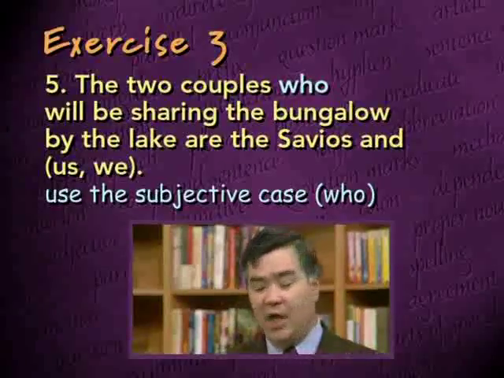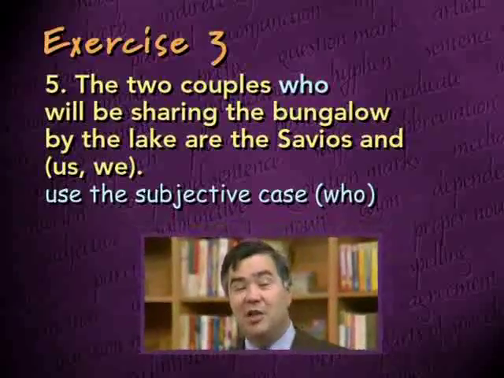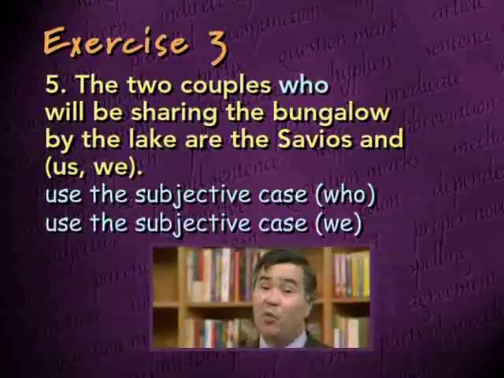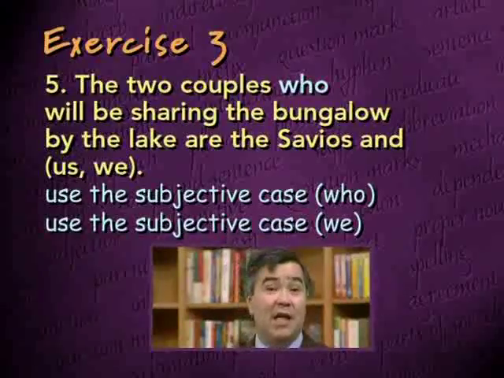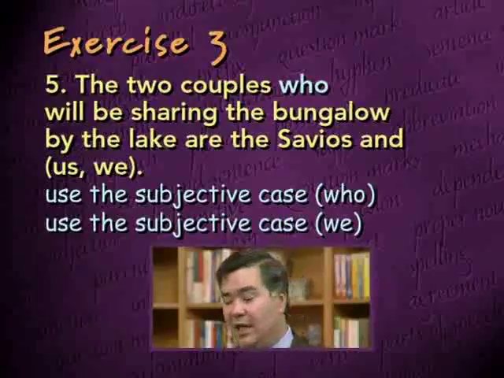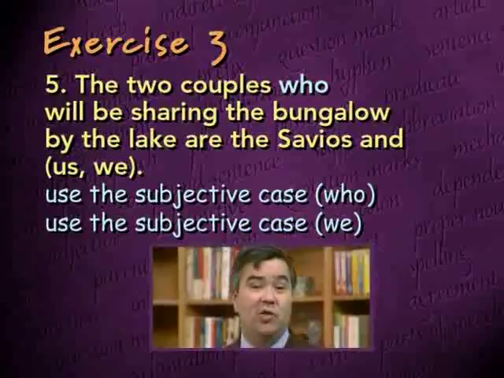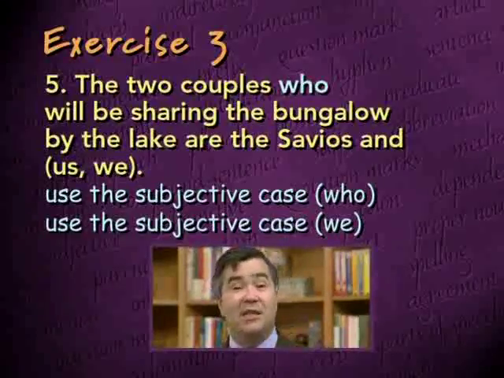Since the Savios and us or we is the subject complement, we need to use the subjective case of the pronoun, just as we would if it weren't compound. In other words, if the Savios were out of the picture and if we were the only ones in the cabin or in the bungalow, we would treat this as a subject complement and therefore use the subjective case pronoun.